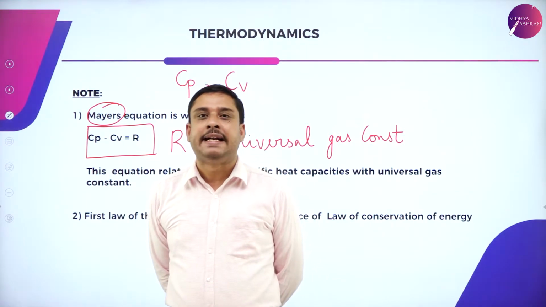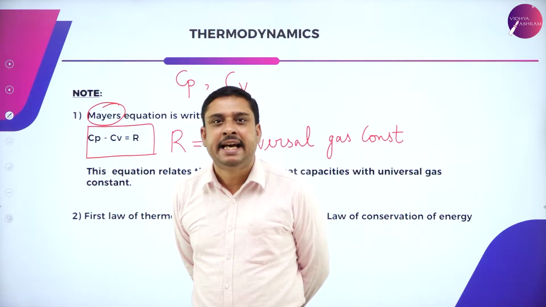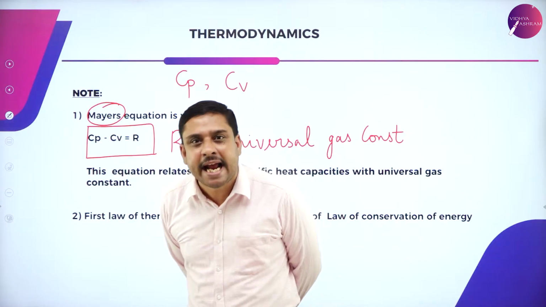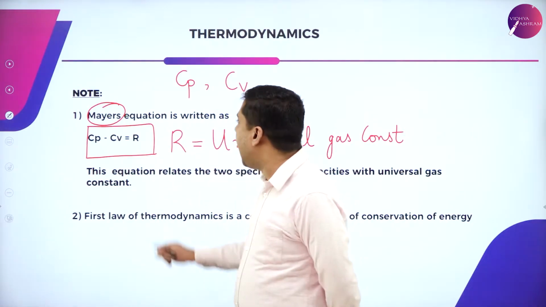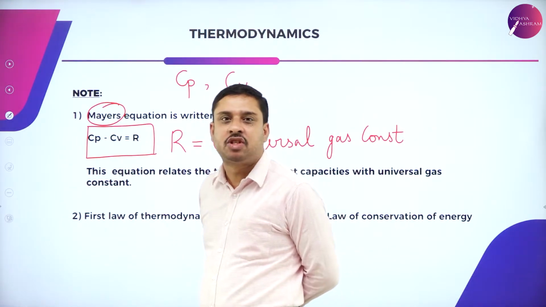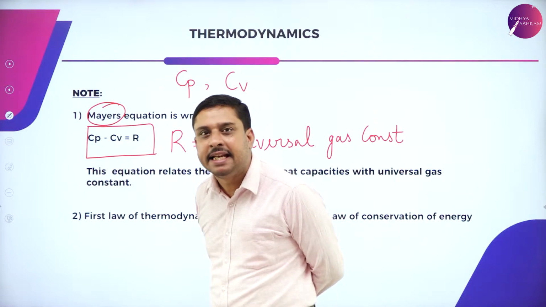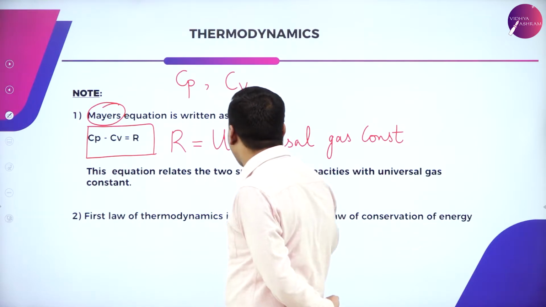So very importantly, the two specific heat capacities are related through Mayer's equation, and Mayer's equation is written as Cp minus Cv is equal to R. What was R?